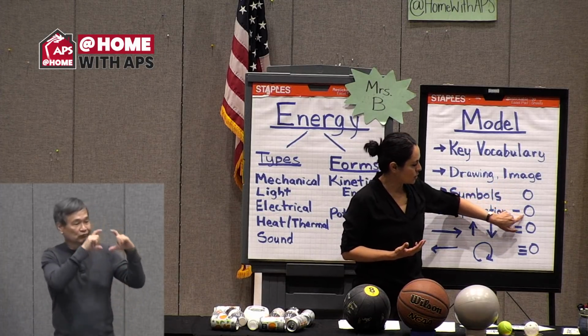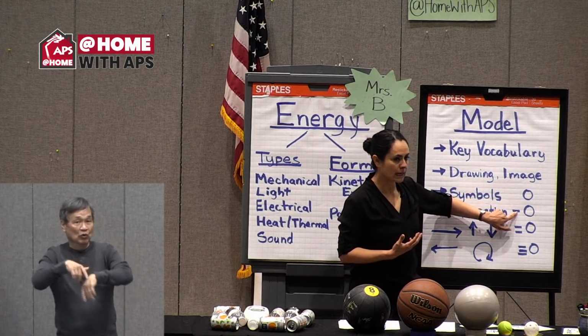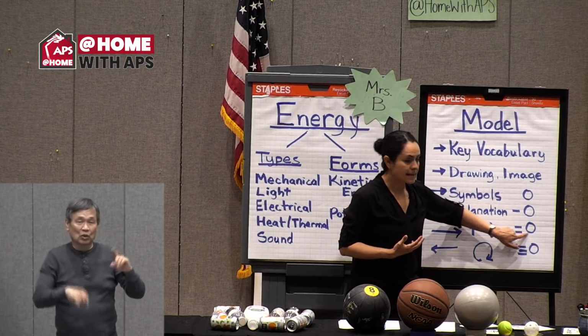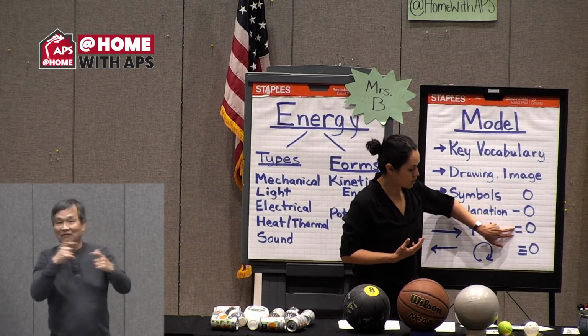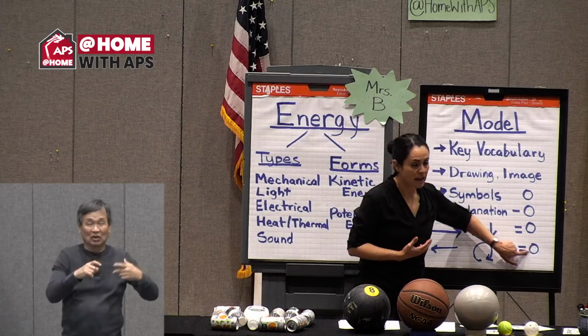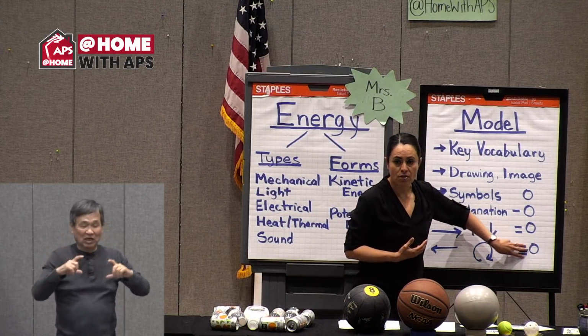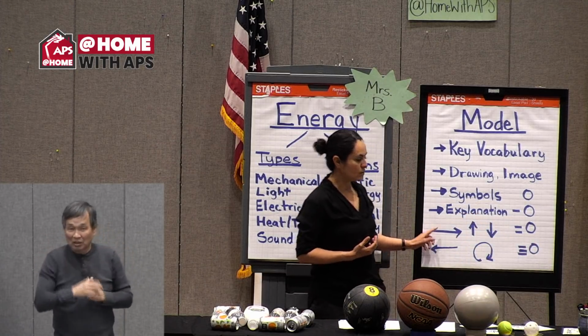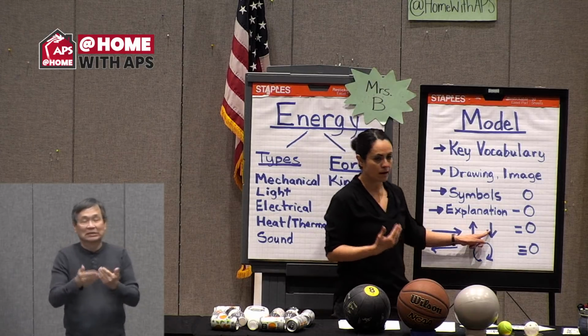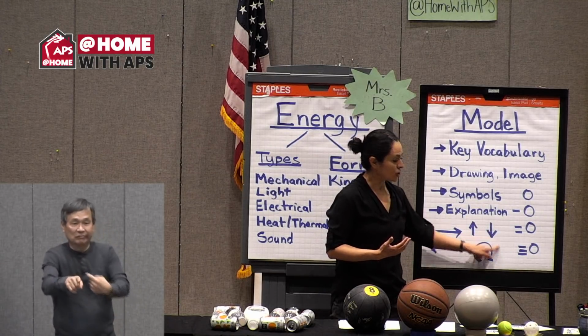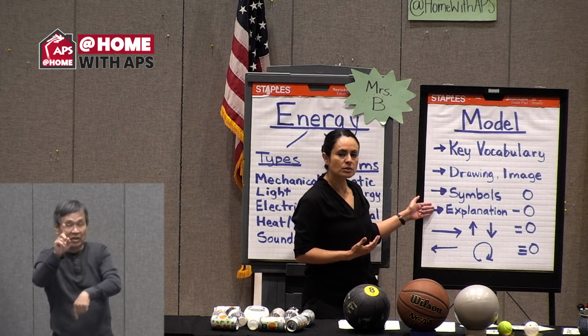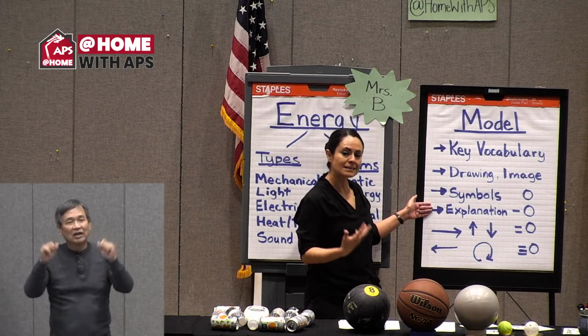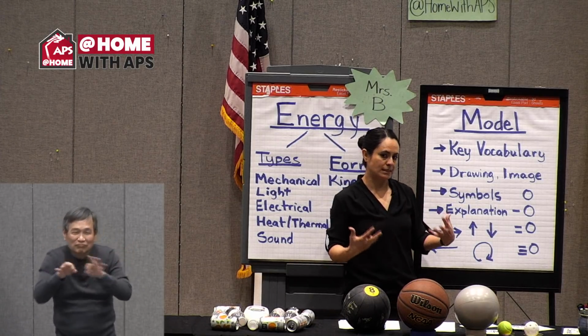But maybe if it's starting to move slowly, one line. If it's starting to gain speed and move faster, we can show it with 2 lines. And then if it's moving very quickly, we can show it with 3 lines. We can also use forward, backwards, up, down, give it some direction, even a circular motion. And make sure you also include an explanation. Use complete sentences to explain what's happening.